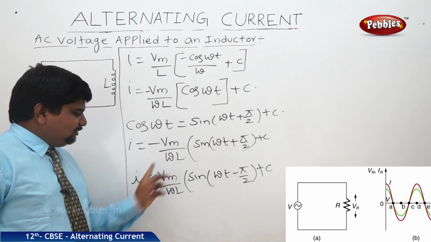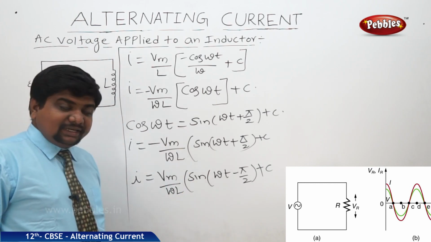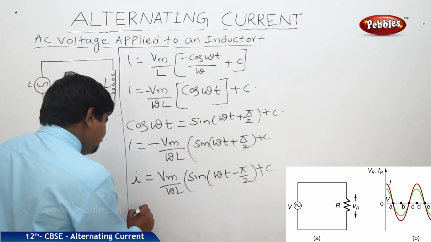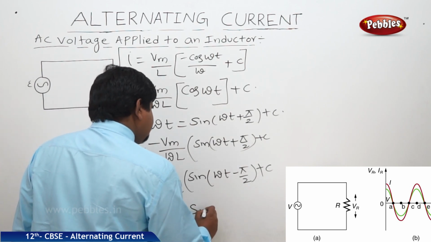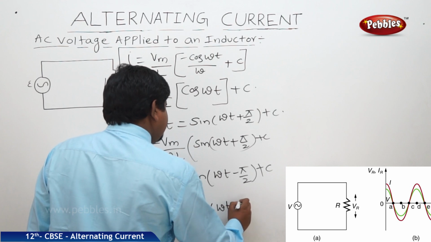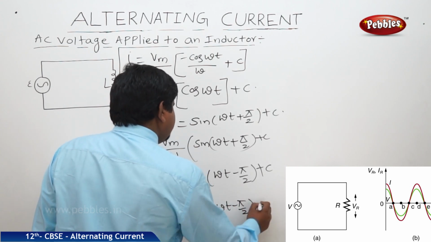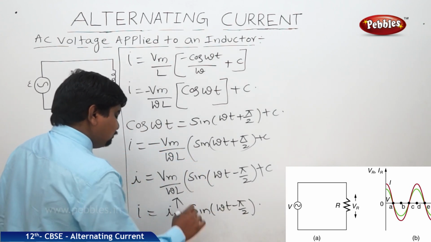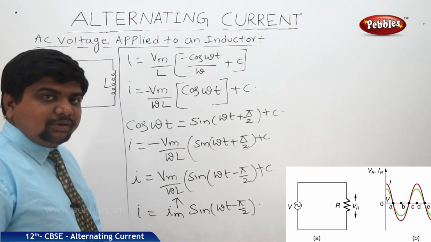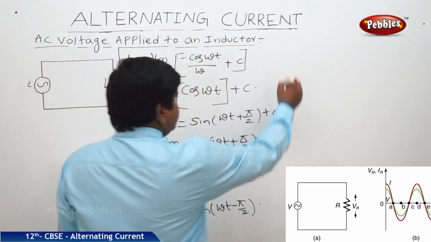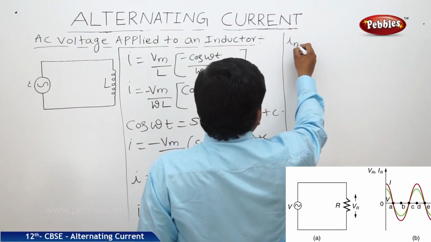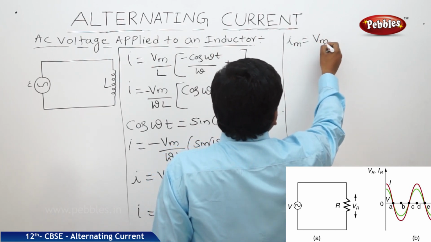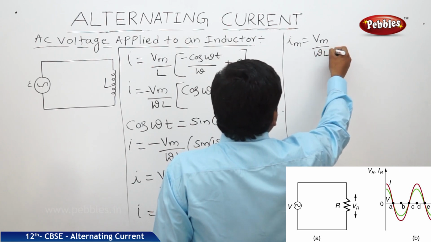So we got I is equal to Im sin of omega t minus pi by 2, where Im is equal to Vm by omega L.